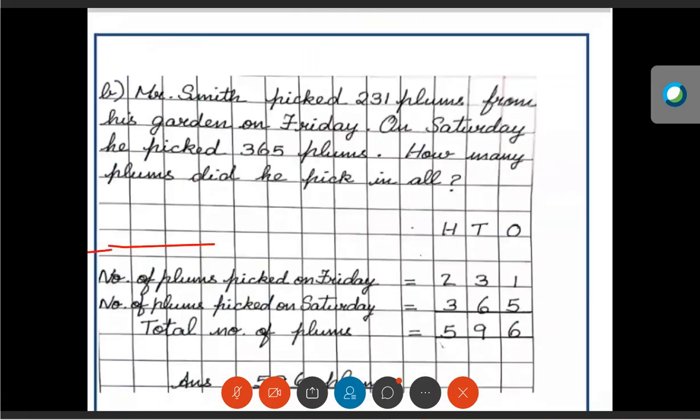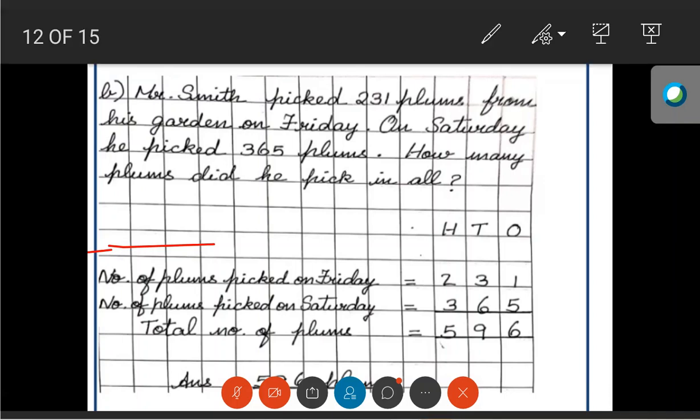We are going to first read the sum. Mr. Smith picked 231 plums from his garden on Friday. On Saturday, he picked 365 plums.